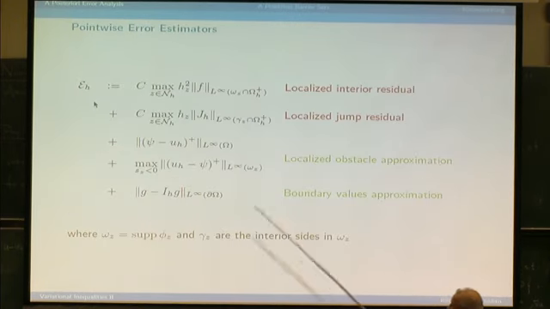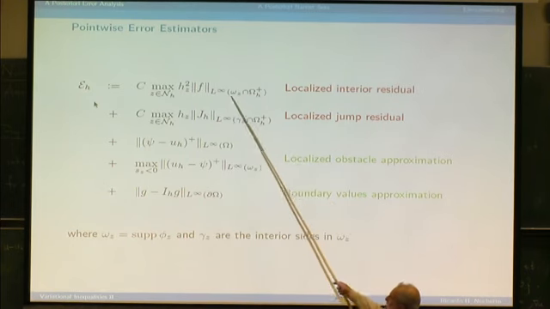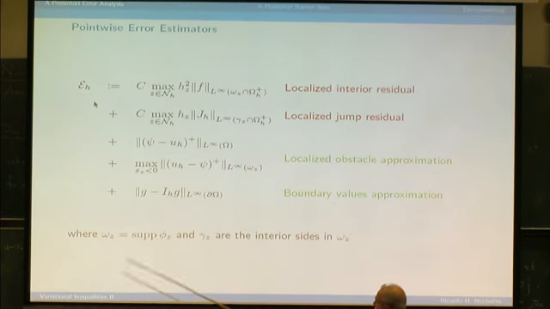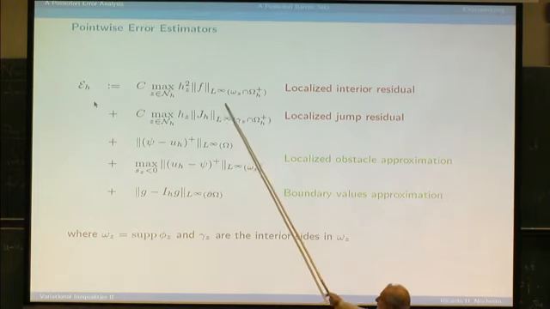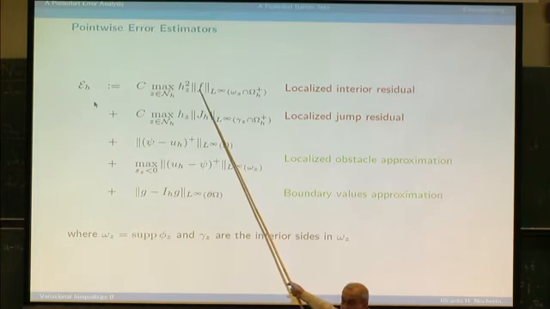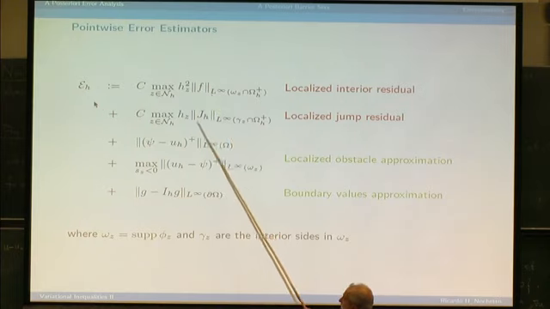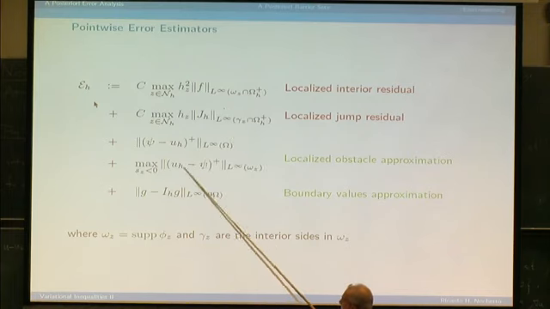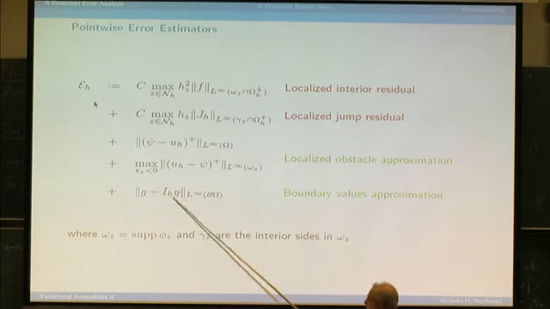Here is the estimator. The first two terms are the ones that I wrote for the continuous problem, for the linear theory. You have f, you don't have the Laplacian of uh because it's 0, and you have the jumps, scaled with the powers of h that correspond to linear theory. And these are things that have to do with the nonlinear effects, the presence of the obstacle and the approximation of the boundary data.